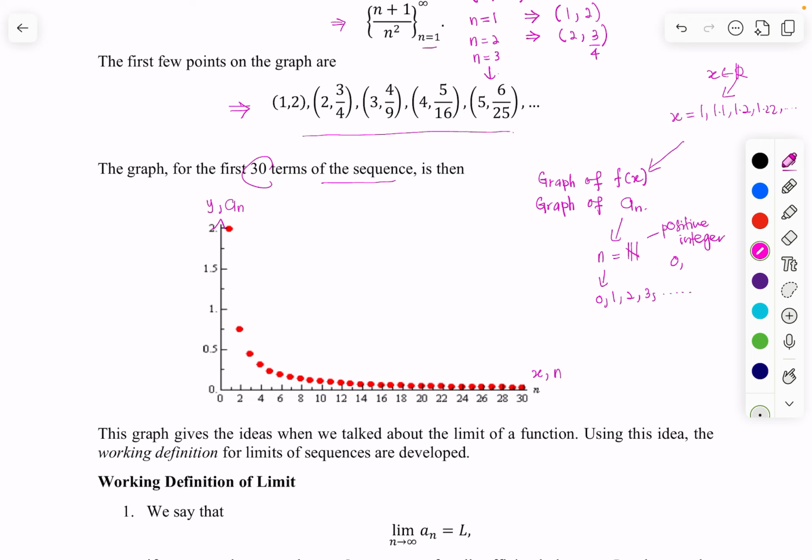It should be an integer. So when you plot a sequence, the graph would not be connecting from one point to the second point. We are just plotting the points of the sequence, but we cannot continue the first point to the second point.